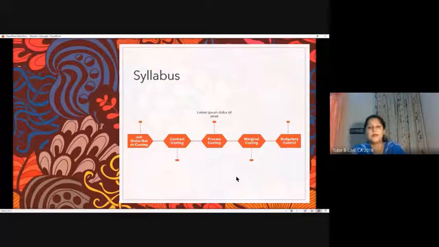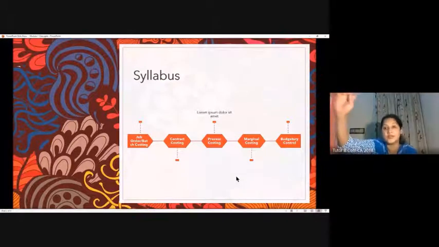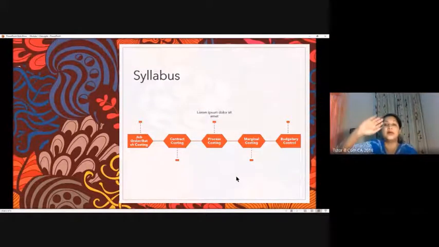Say, for example, suppose you are talking about an interior designer. He would be given a particular task and he would be quoting a price for that particular task. Like if you wanted to develop interiors for your office space, you will say, yes, I want this designing to be done for this room.